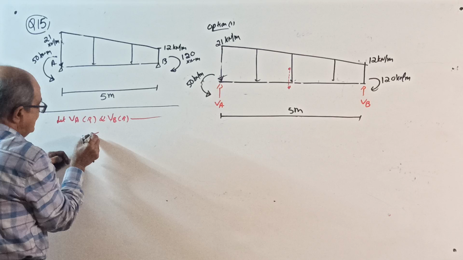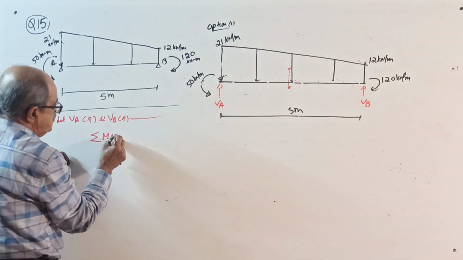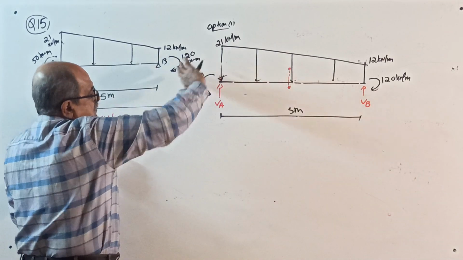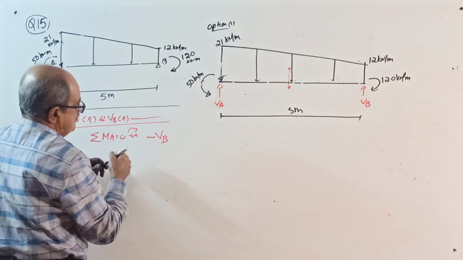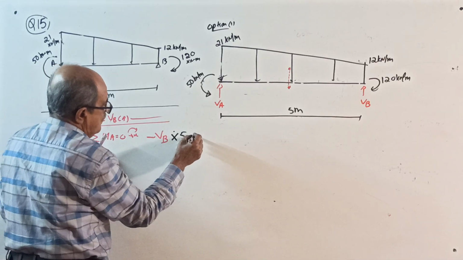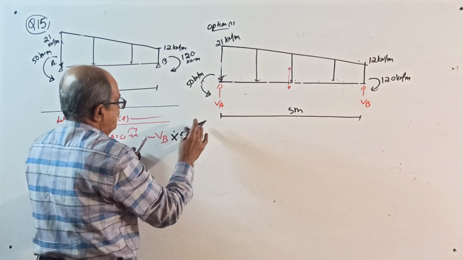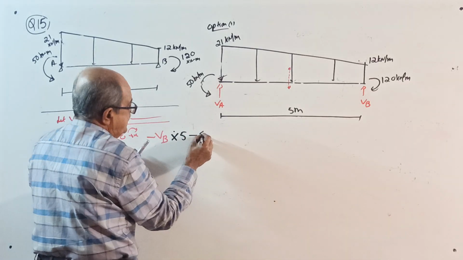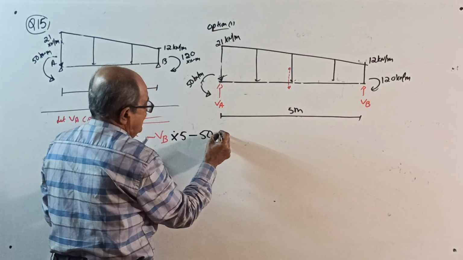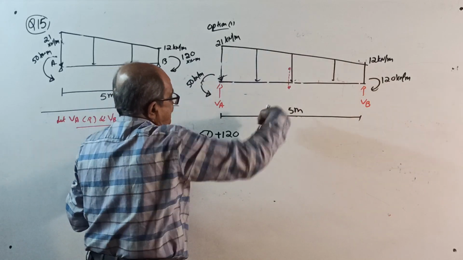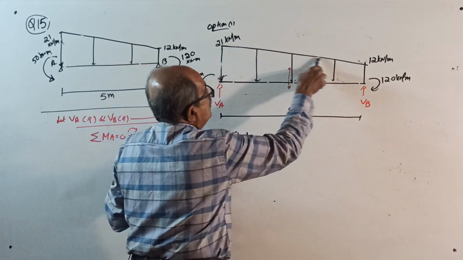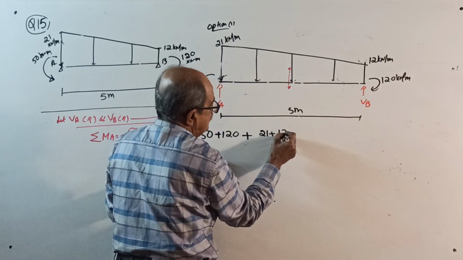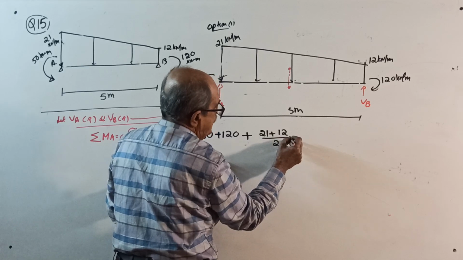Okay, start. Sigma M about A equal to 0, clockwise positive: minus VB into 5, plus, I'll finish the couples first, minus 50, no distance, plus 120, now plus uniformly varying load. Total load, 21 plus 12 divided by 2 into 5.